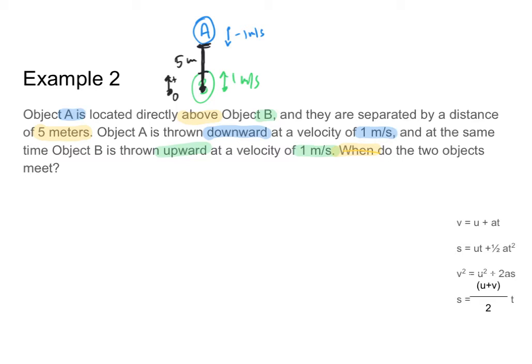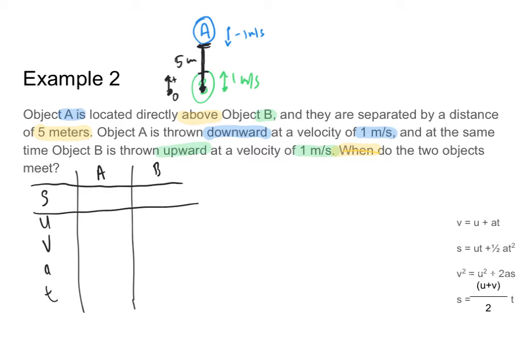Before I do that, I'm going to make my SUVOT table. I'm going to make a table for A, and a table for object B. So we've got kind of a double SUVOT table going on, and this is a trick you're going to want to learn, guys. If you have more than one object, you're going to need to make one table for each object. So let's go ahead and do that.